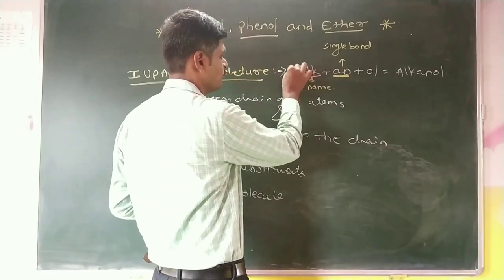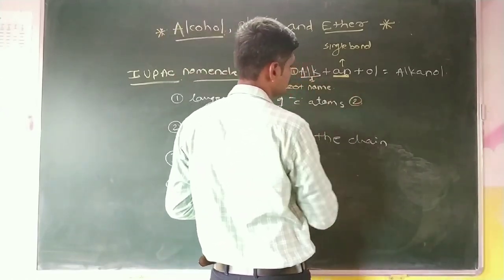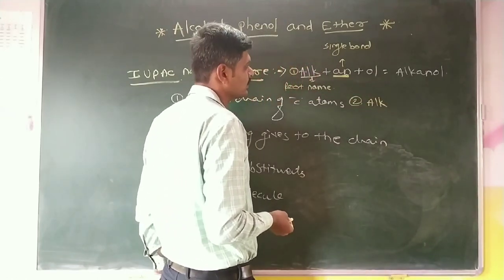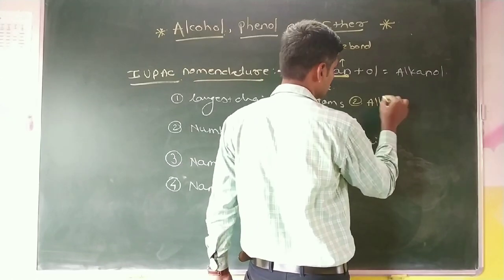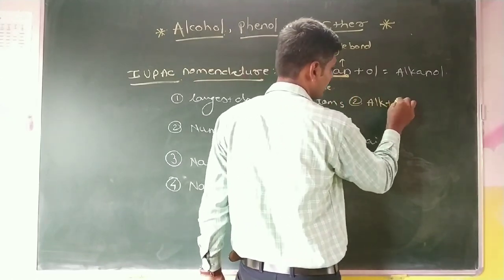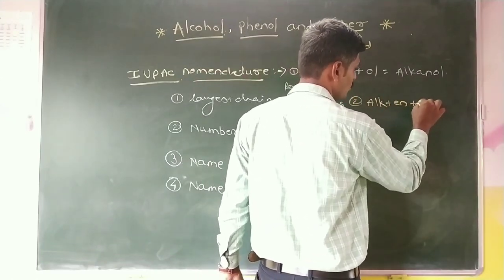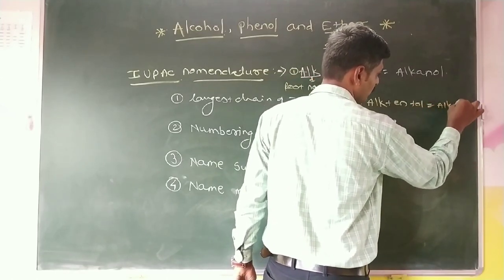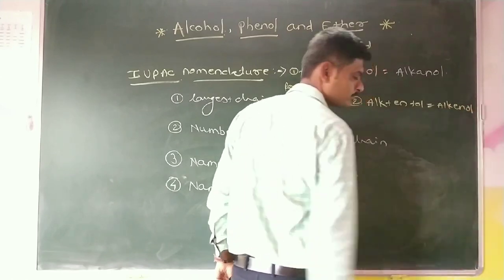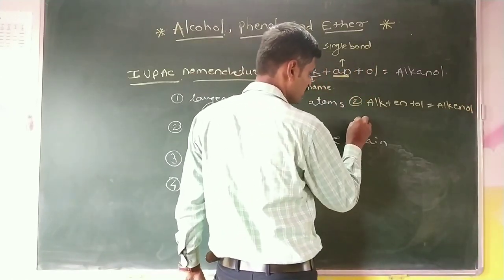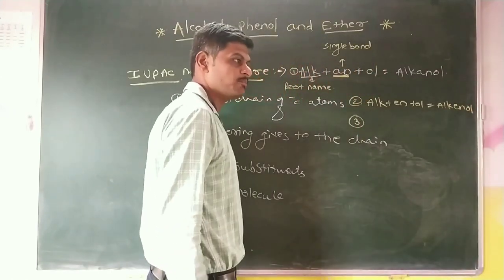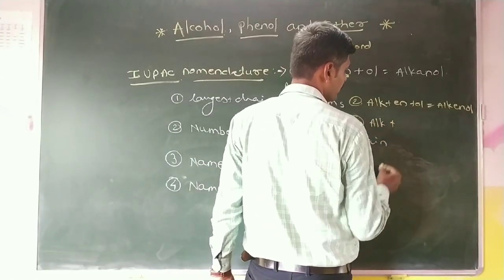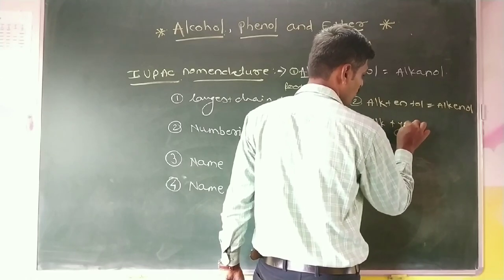Okay, this is the first point. The second point, if double bonded carbon atoms are present in a molecule, then instead of an, we can write en plus ol, alk-en-ol. And if triple bonded carbon atoms are present, then instead of an or en, we can write yn.